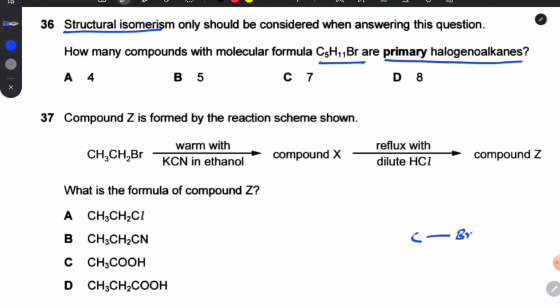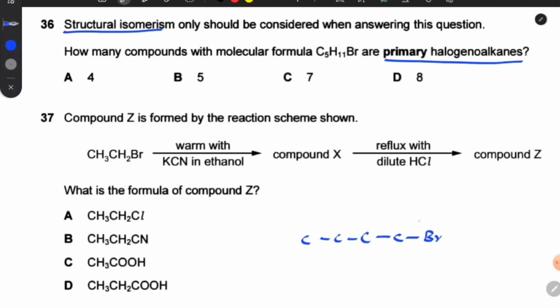This is attached with this carbon, and this carbon should only attach with one carbon or no carbon if you want to make a primary compound. So this is the rule of primary, or this is what a primary compound is. Now I will draw the first possible structure of this molecule where there are 5 carbons.